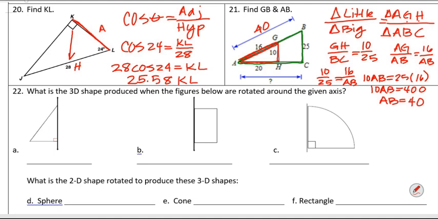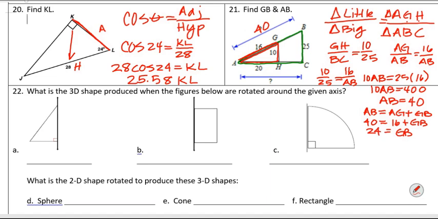So you should be able to see that AB is equal to AG plus GB, right? So 40 is equal to 16 plus GB. So we're going to subtract 16 from both sides. So GB is equal to 24.